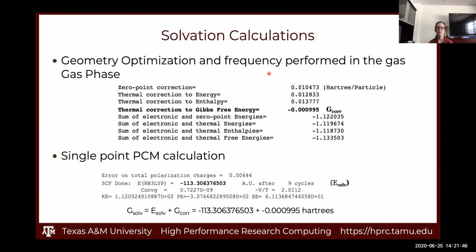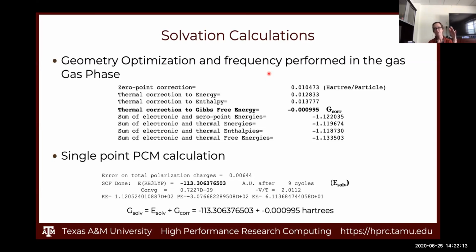They tend to wander around and take a long time to reach convergence. Sometimes it's necessary, and if your system behaves well, it's easier if you can optimize to do the frequency and solvation. But if they misbehave, normally you're doing a gas phase optimization, and then you're just correcting the energy with a single point solvation calculation, like a single point PCM calculation.